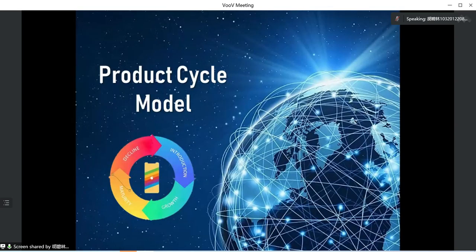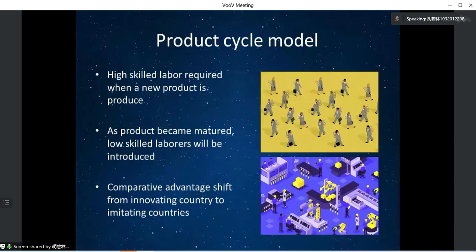When we talk about this, we have to talk about the product cycle model. This model means that high-skill labor is required to make a new product.